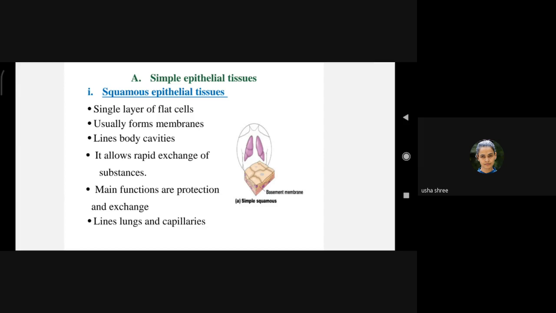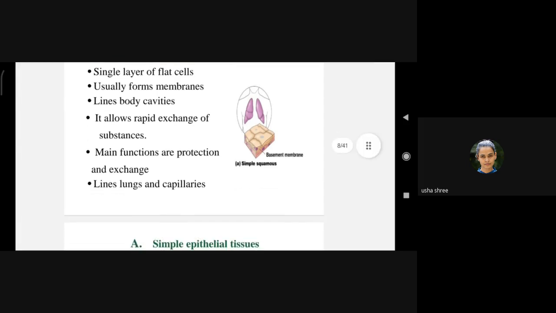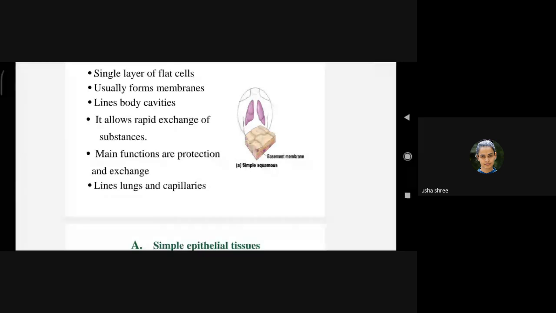It allows rapid exchange. Main functions are protection and exchange. Obviously, if it is in the area of a membrane or lining, it will protect the area and help in exchanging material in and out.